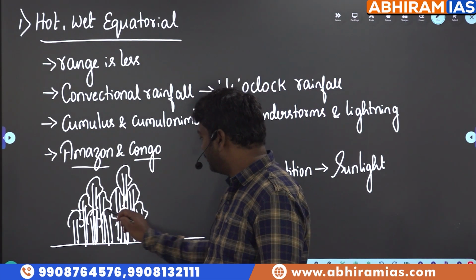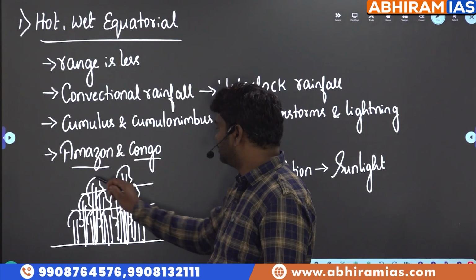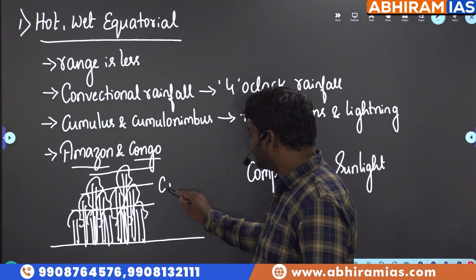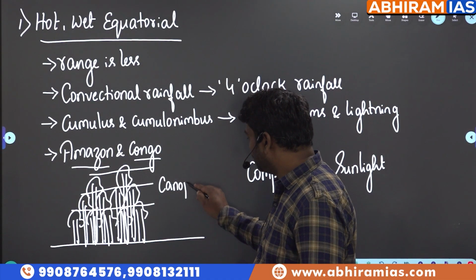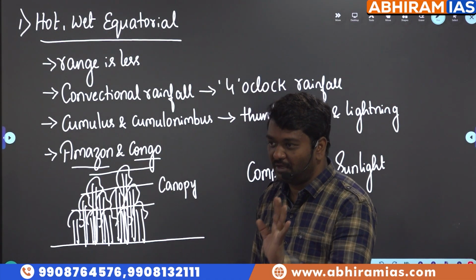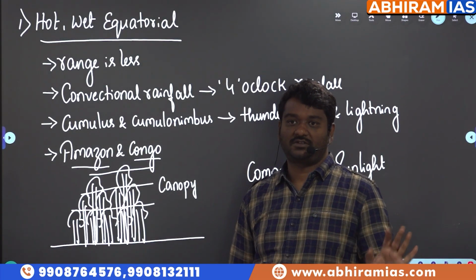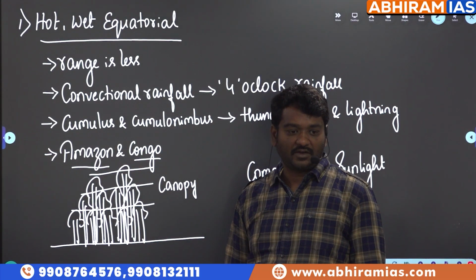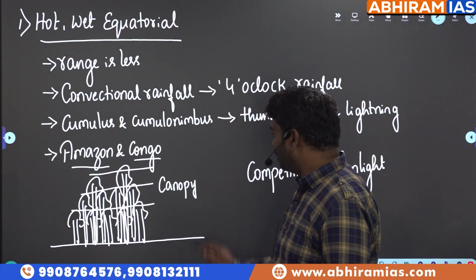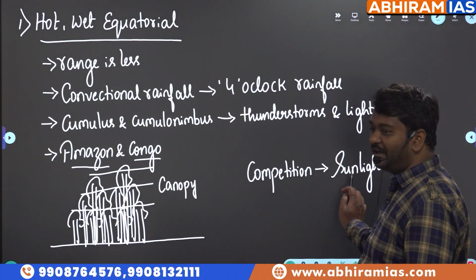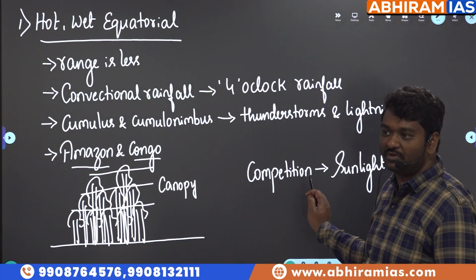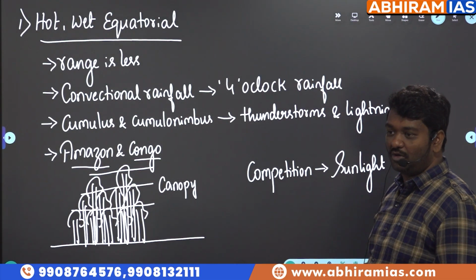Now, can you tell, will there be layers? If you have layers, what is the word you use? The moment you see the word canopy, equatorial forest, no other forest comes into picture. Okay, canopy, competition for sunlight, all these words are associated with which one? Equatorial climate.